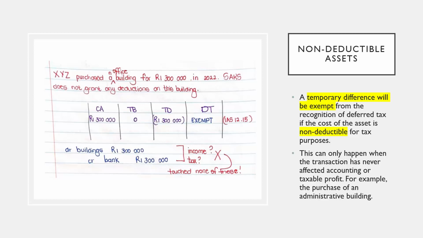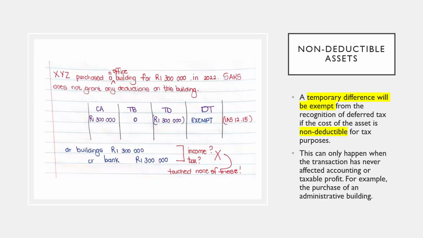So what I mean by this is that if you have an office building, an administrative building, which is not deductible for tax purposes, right? You can have it as exempt if it's never affected accounting or taxable profits. As I said, the purchase of an administrative building.